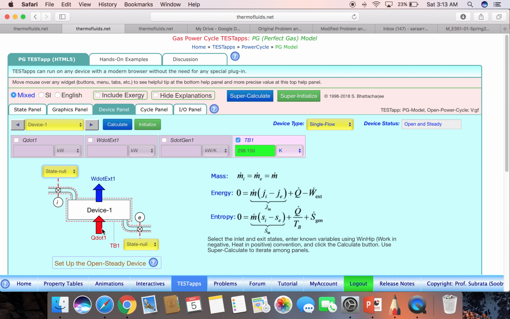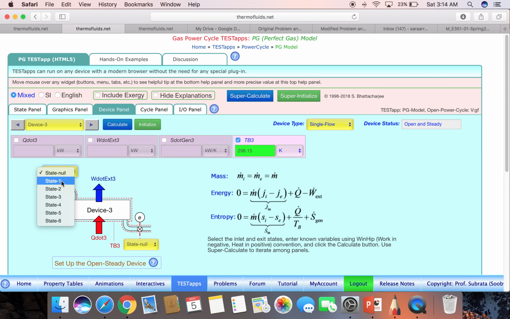So, from state 3, that's dealing with the compressor, and heat is 0, and that's our actual work of the compressor now. We do our second device. This is the same as before, but using our actual states, and that's 0.